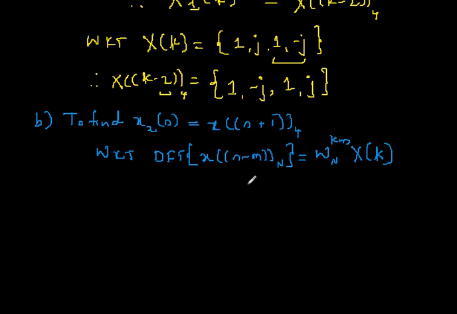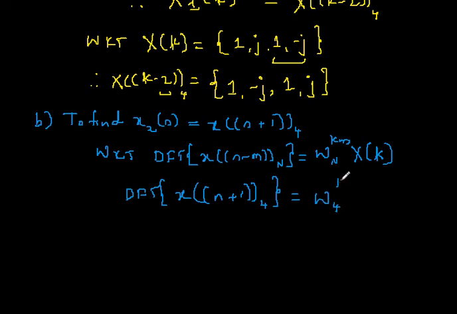So this is the property. We have to make use of it as per the given numerical. Now start solving the numerical. So what do I get now? I'm actually finding DFT of x of n plus 1 with base 4, equal to what? W4 to the power k into m.